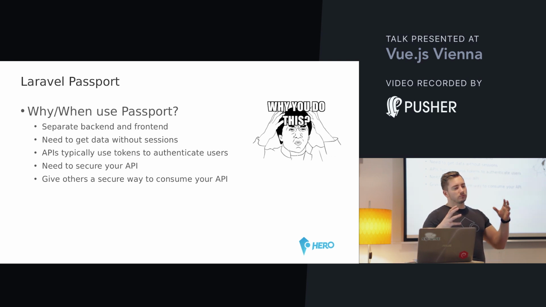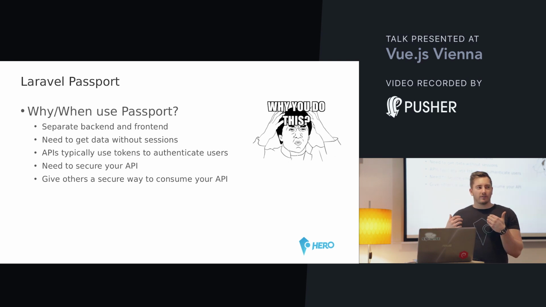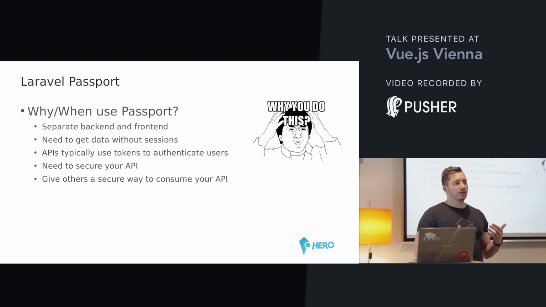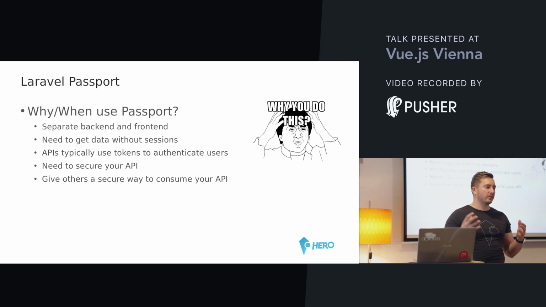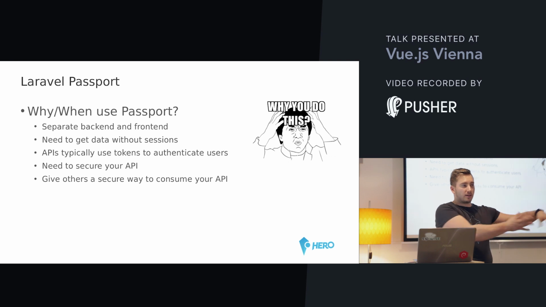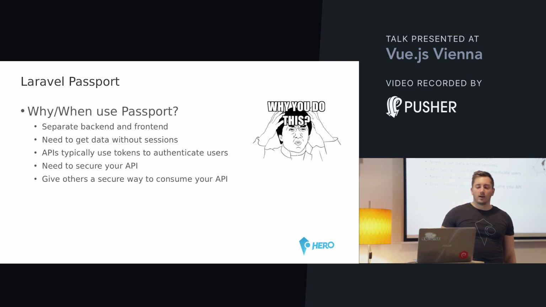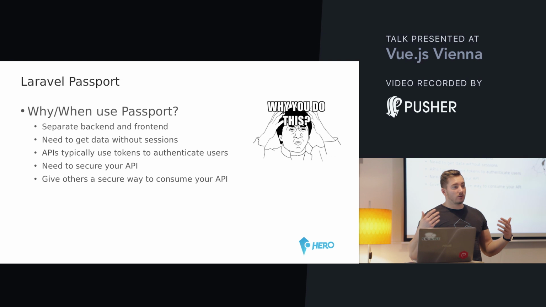But if you disconnect your backend from front end, normally you do not have sessions anymore, right? You do not have a web session where you can store your user in, because the backend is somewhere else. And therefore, you're implementing an API, and the API typically uses tokens to authenticate users.